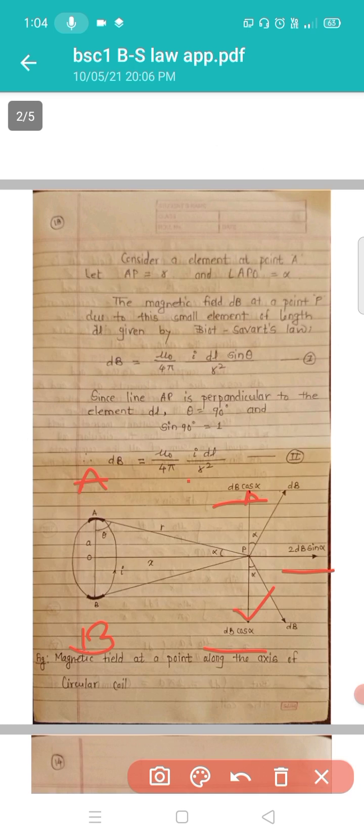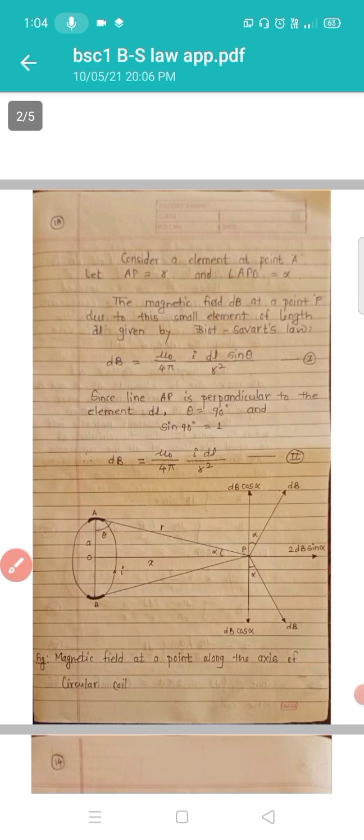Hence the resultant magnetic field B at a point P due to the circular coil is equal to the sum of all the components dB sin alpha, which are along the axis of coil.